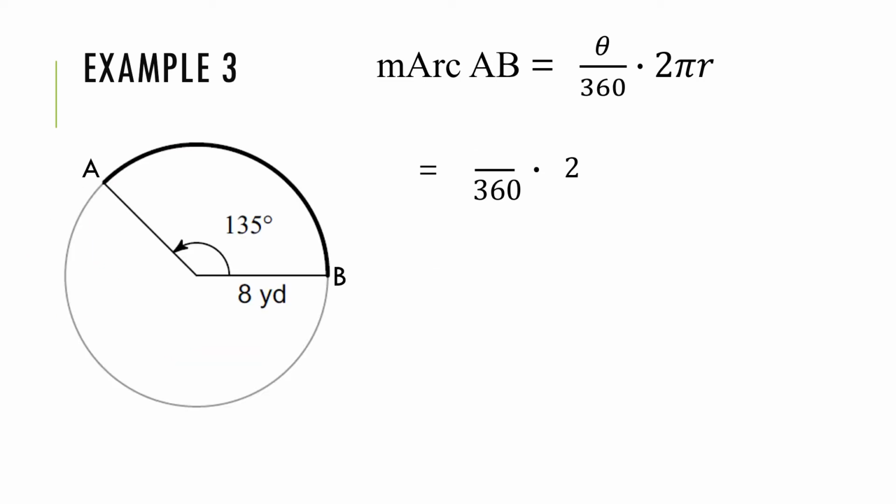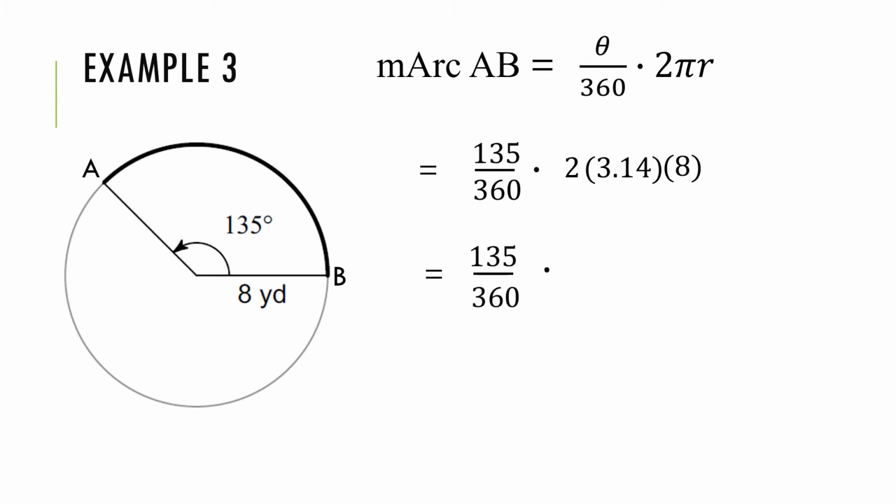In example 3, we're going to do the same thing. We're given the radius and we know the central angle. So therefore, we're going to replace theta with 135, which is 135 divided by 360, times 2 times 3.14 times the radius, which is 8.